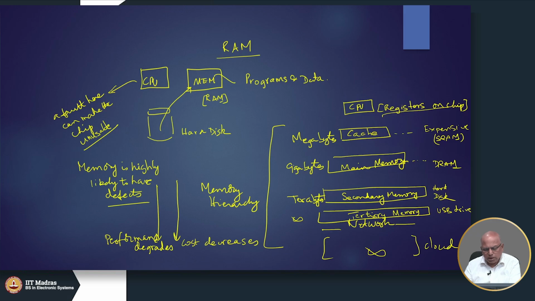We may be able to circumvent the problem. So, if a memory location has gone bad, then we will store the memory information in some other location, we will not store it there. There could be a bad block on the hard disk. So, we will not store the data there, we will circumvent and go elsewhere. So, in a way memories have some sort of redundancy built into them. That is not true about CPUs.